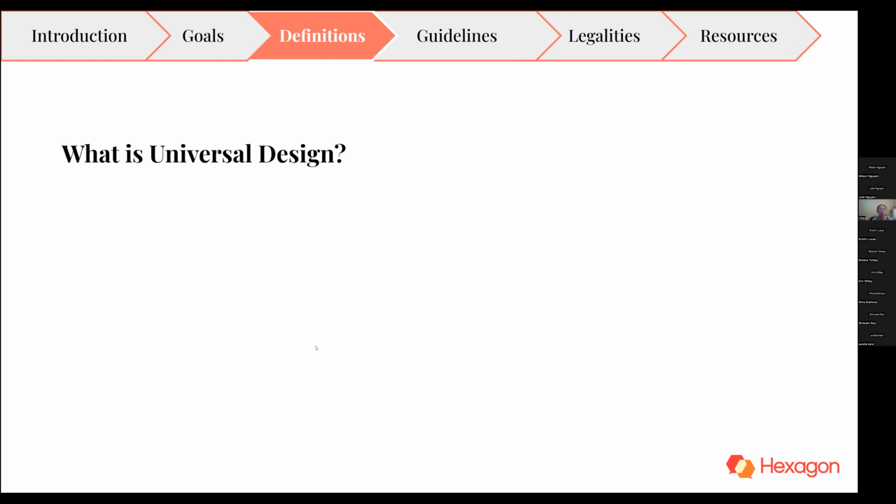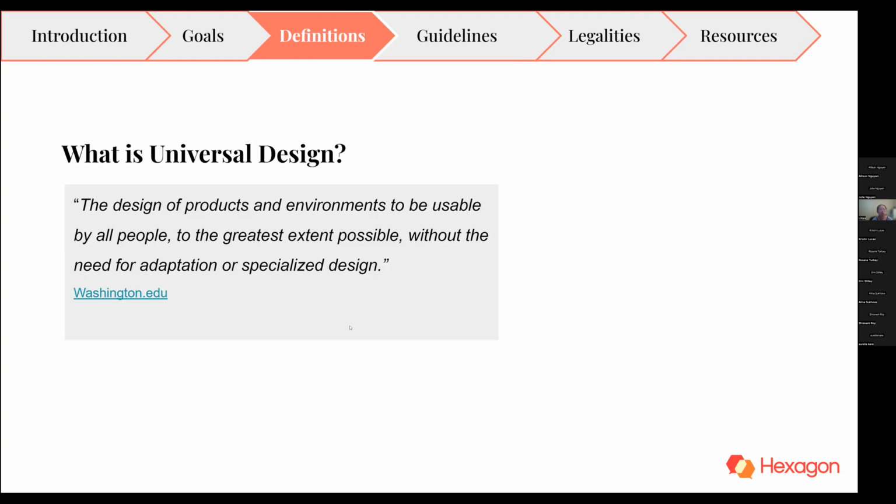And what is universal design? Universal design, we have here, is the design of products and environments to be usable by all people to the greatest extent possible without the need for adaptation or specialized design. To me, universal design is the best approach to ensure accessible, inclusive, ethical, and high quality design.